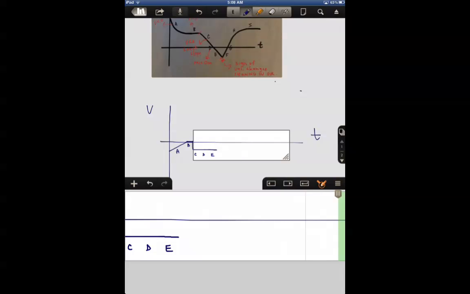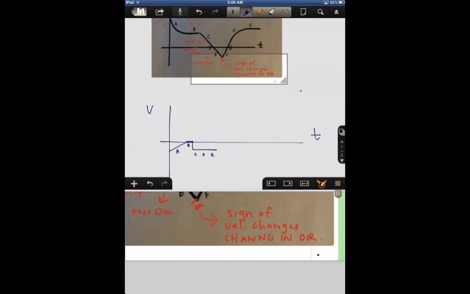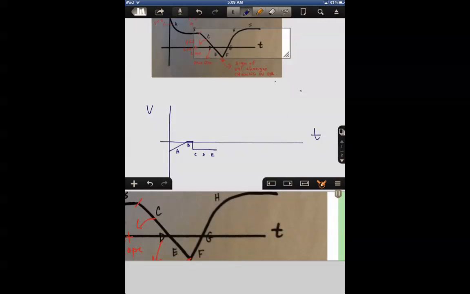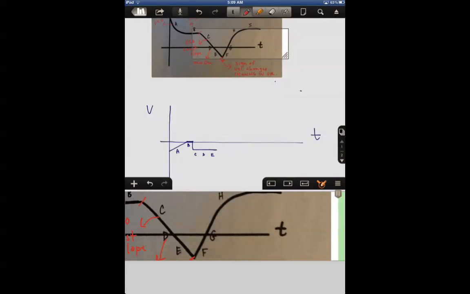And if you look at the slope from B to E and compare it from F to H, say F to H is a little steeper. So the fact that it's a little steeper, and I'm talking about this stretch in here, it's positive, so V will be greater than 0, but it's constant and steep.